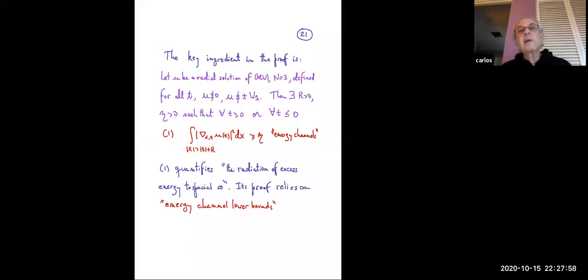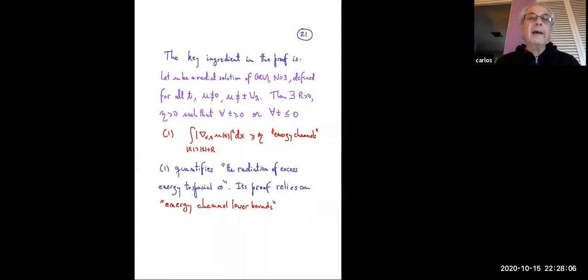So let me explain the key ingredient in the proof of this result. The key ingredient is the following fact. Suppose we have a radial solution of the nonlinear wave equation in 3 dimensions, and suppose that it's defined for all time. This is not essential, but it makes the formulation of the property the cleanest.